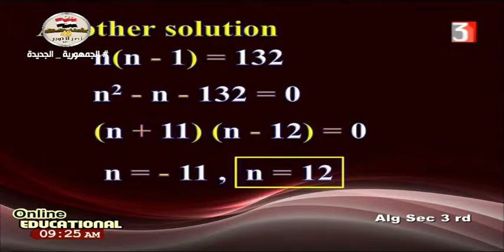Or by using a calculator, mode 5 3 or mode equation 3. Some calculators take mode equation mode 5 or mode 3. Use mode equation 3 and put a equals 1, b equals negative 1, c equals negative 132. Then the answer is n equals negative 11 and n equals 12.